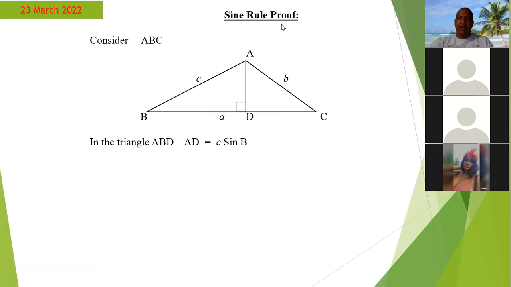All right, so in the triangle ABD, and let me identify that triangle for you. So we are looking at the triangle going from A to B, and then we go to D, going back to A. So that's the triangle that we're referring to.